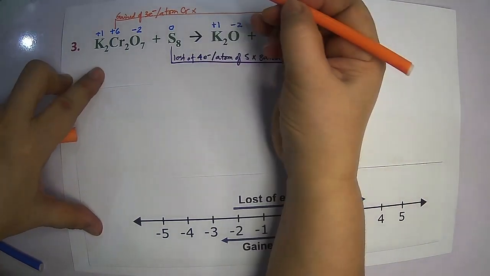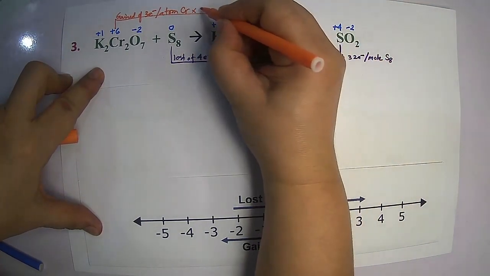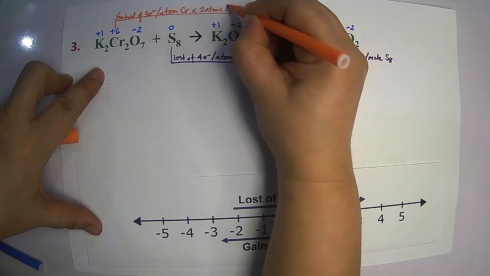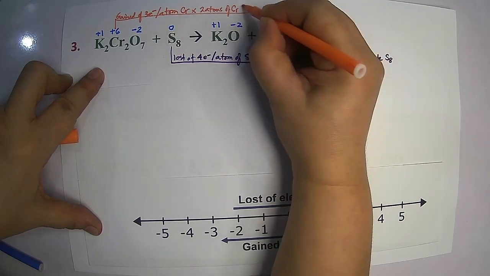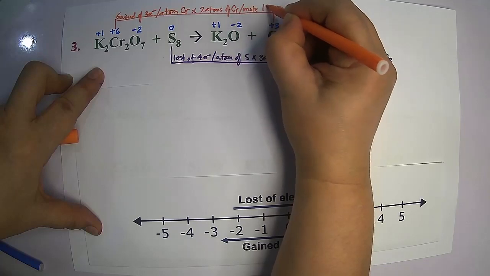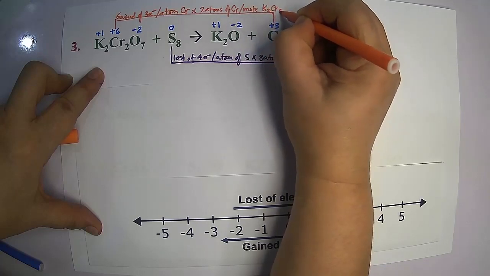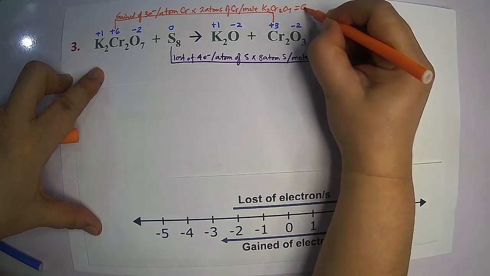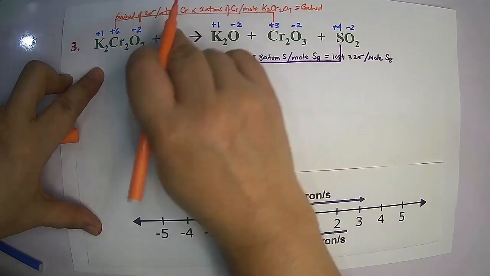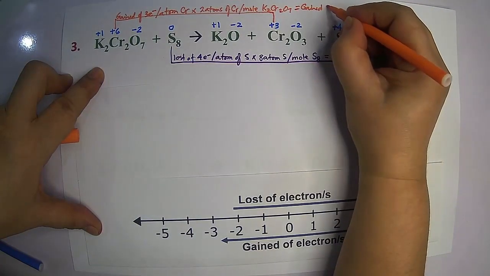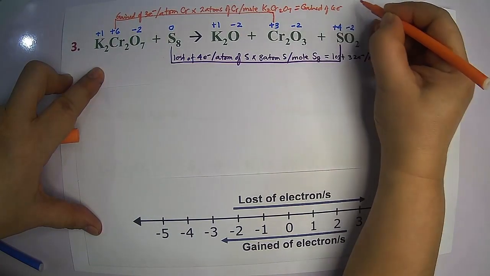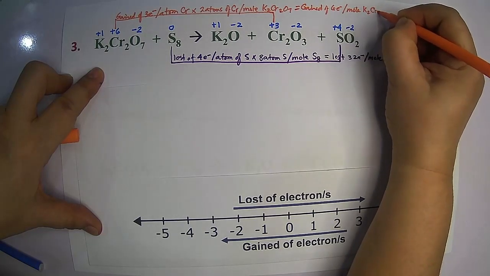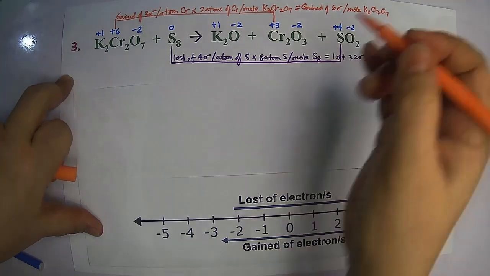And in the compound potassium dichromate, you have 2 atoms of chromium per mole of potassium dichromate. So there is a total gain, 2 times 3, of 6 electrons per mole of potassium dichromate.